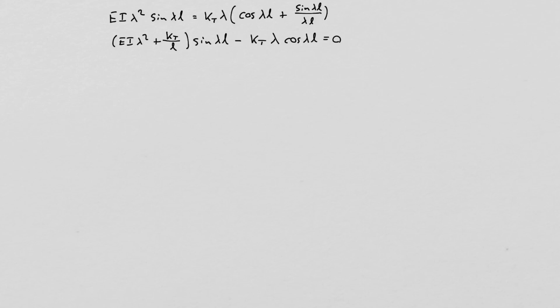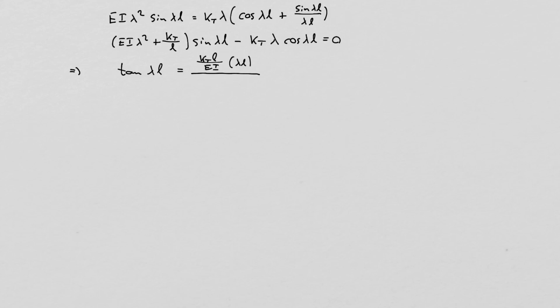So I already did one simple calculation here, and we can further simplify. We have sine lambda L and cosine lambda L. We can convert that to a tangent. So doing that, we find the equation for tangent lambda L, and then we can rearrange the terms, and we get kt times L divided by the bending stiffness, multiplied by a factor lambda L, divided by lambda L squared, and then again the factor.